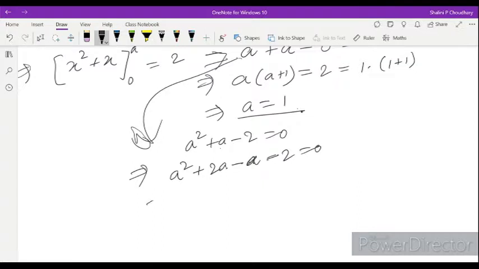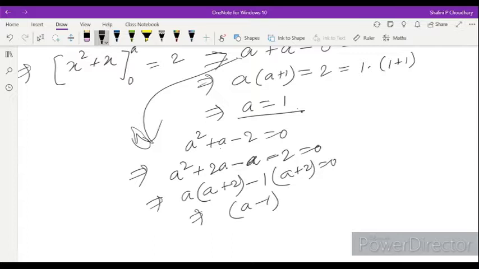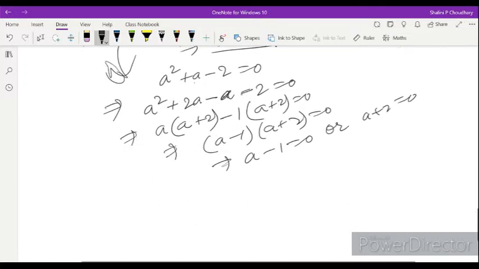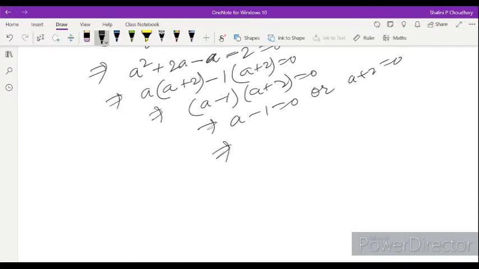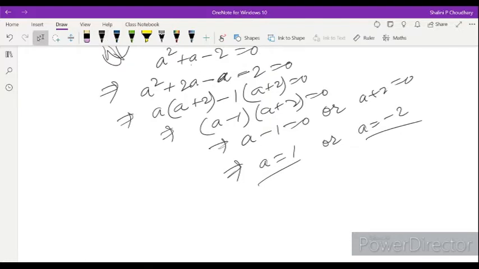Taking a common, and a plus 2 minus 1 common, we get a plus 2 equal to 0. So a minus 1 into a plus 2 is equal to 0. It means either a minus 1 is equal to 0 or a plus 2 is equal to 0. So a will be equal to 1 or a will be equal to minus 2. So these are the two solutions.